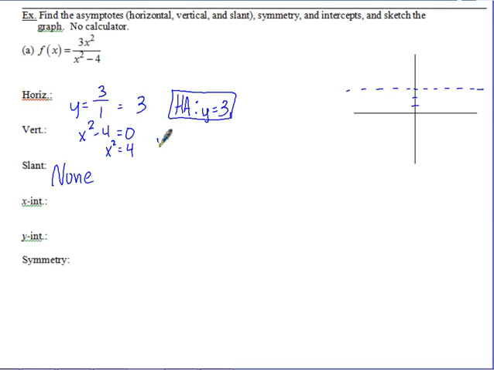What do you get? x equals plus or minus 2. So how many vertical asymptotes do I have? 2. One at positive 2 and one at negative 2.